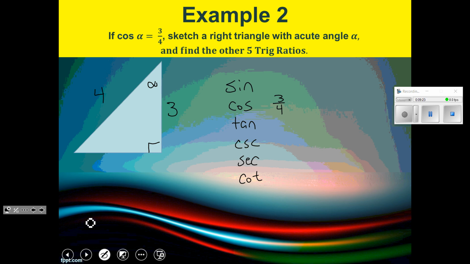But I want you to understand that if you used sine squared x plus cosine squared x is equal to 1, you're going to get the same thing. So if you used what you did last week, as we continue on and I throw some of this at you, I don't want you to think, I don't know how to do this, like there's only one way to do this.